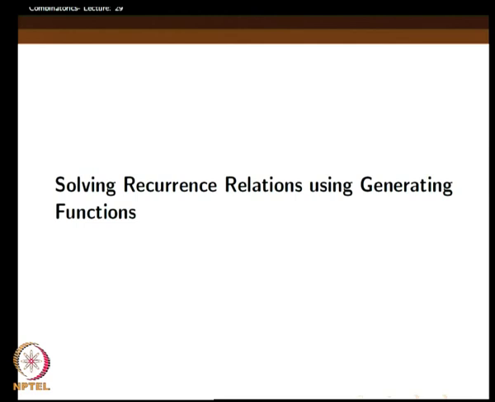Now the next theme we have: there is a very interesting use for these generating functions in the context of recurrence relations.